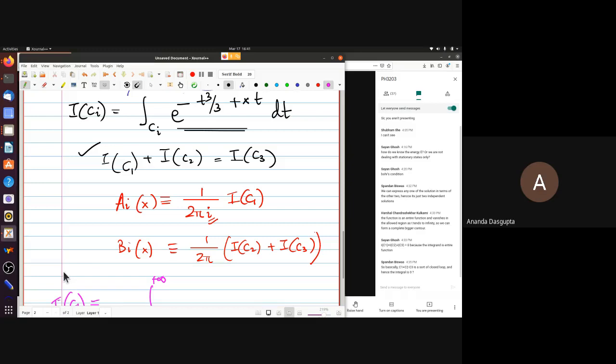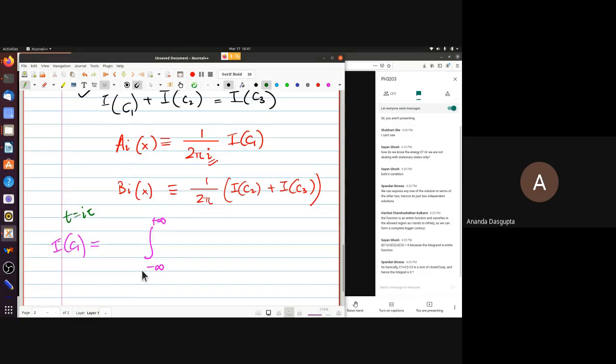And so if you use, instead of t, if you just use i tau, then what happens? The limit for tau becomes minus infinity to plus infinity, right? Because that contour is going from minus i times infinity to plus i times infinity, plus a very tiny negative real part. So that very tiny negative real part, we can easily take the limit as that tiny negative real part goes to 0.